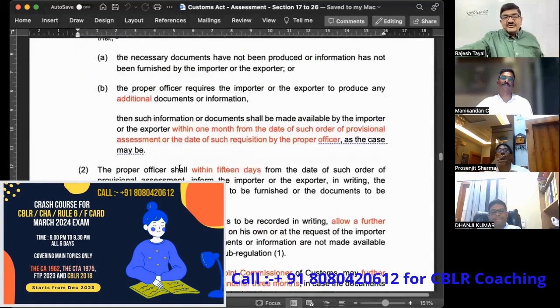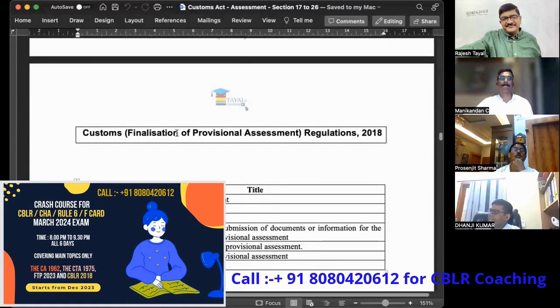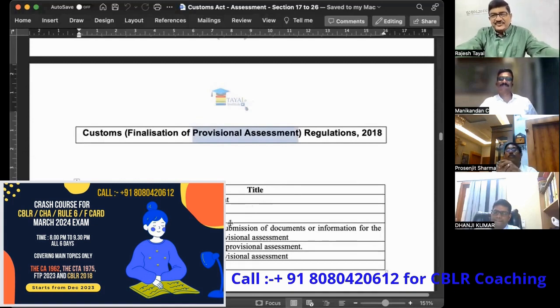So these regulations are not for reassessment. What is the title? Finalization. Reassessment or finalization? Reassessment is not covered here. I am saying that these regulations do not include reassessment. In reassessment, no bond is taken.